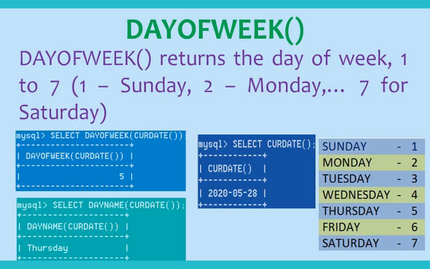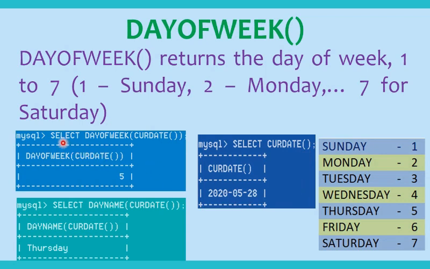Next is day of week. The day of week function returns the day of the week, that is 1 to 7. 1 is returned for Sunday, 2 for Monday, 3 for Tuesday, like this, 7 for Saturday. Let's see it with the example. Here again the command select current date semicolon is written to show you the current date and time.